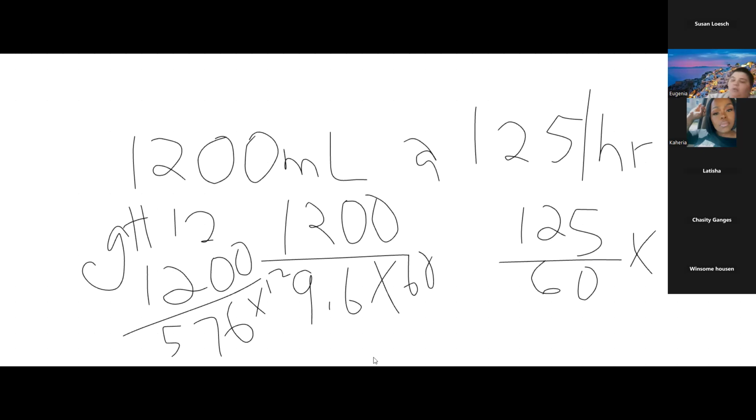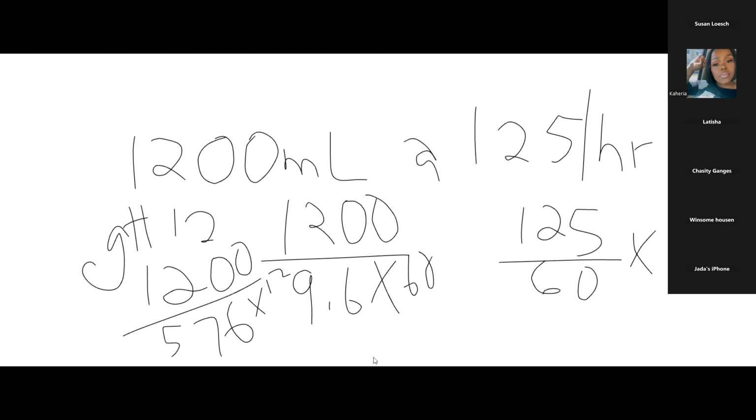Okay. Anybody else with that one or the other one? Can we do the second one? All right. So the second one wants drops per minute and mLs per hour.